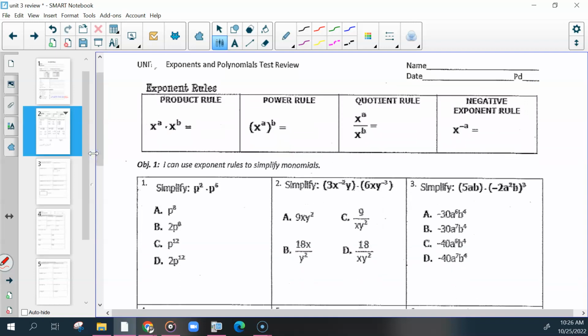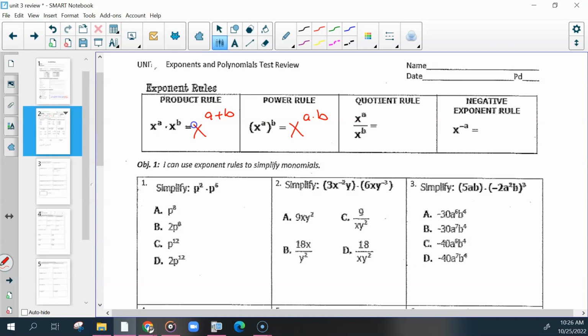If we are multiplying like bases, what are we doing with the exponents? Adding. So x to the a plus b. If we are raising an exponent to another exponent, what are we doing to the exponent? Multiplying. So this would be x to the a times b. When we divide like bases, what are we doing with the exponents?